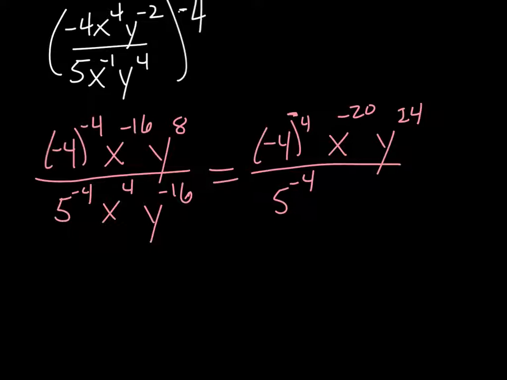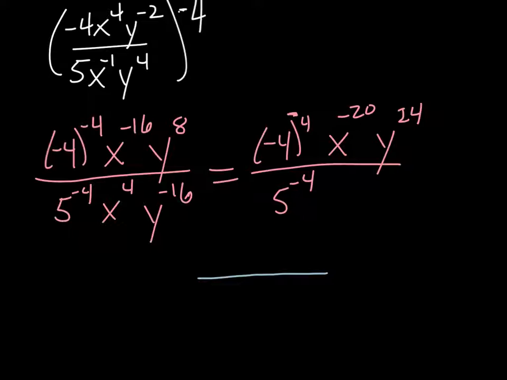All right, so then what's in the numerator here? What are we moving? What's staying the same? So the -4 to the -4, you're keeping that on top? That's a negative exponent up there though.